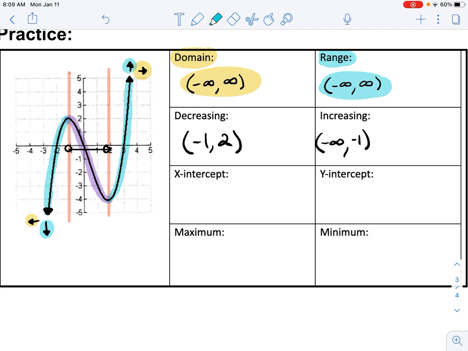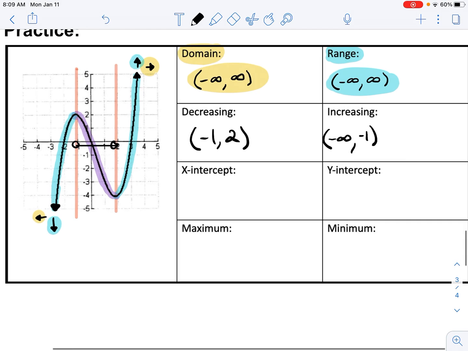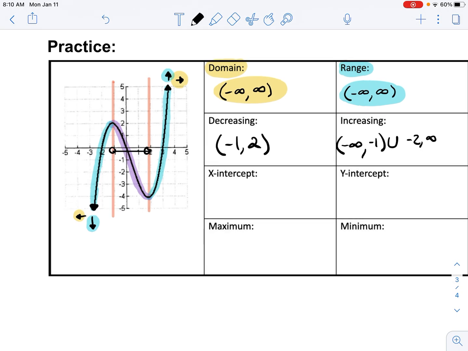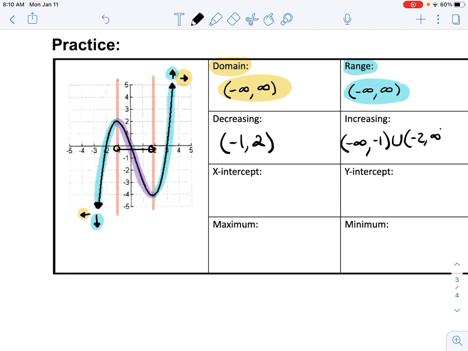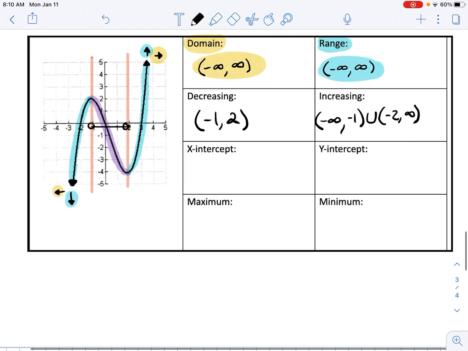So from -infinity all the way until right here, -1. But it's also, we're going to put a union sign, which is a capital U, also increasing from -2 until +infinity. And because this is a place where it changes direction, that's going to be a parenthesis. And we never actually get to infinity, so that's going to be in a parenthesis.